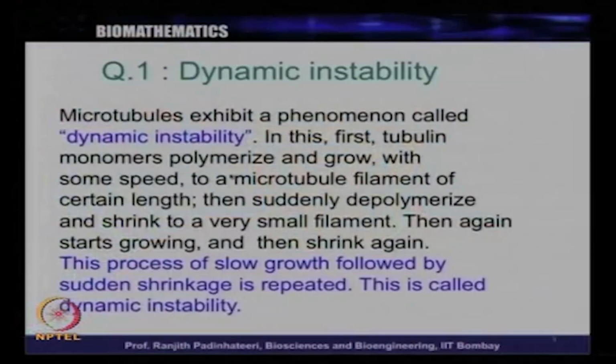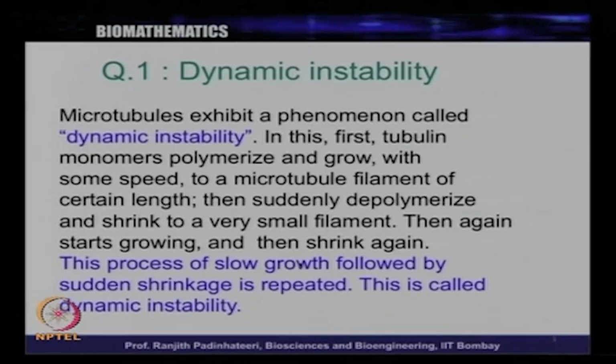This phenomenon of growth and shrinkage is called dynamic instability, and there are a couple of points. One is to note that it grows with some speed and then suddenly depolymerizes and shrinks, then again starts growing and then shrinks again. This process is slow growth followed by sudden shrinkage.